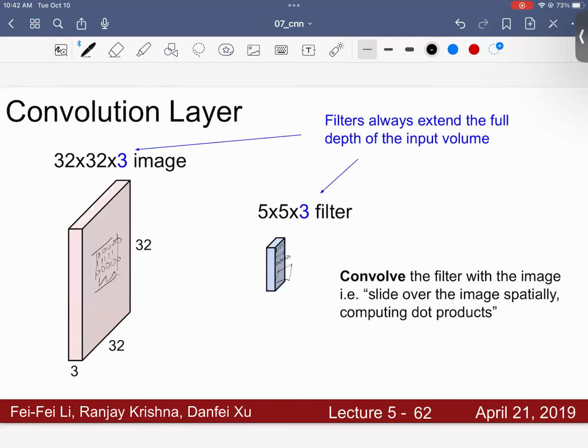Anyway, given this, what you do is a dot product between this patch and this filter. I've omitted the 3 dimensions here; there should be 3 dimensions, but I skip that.